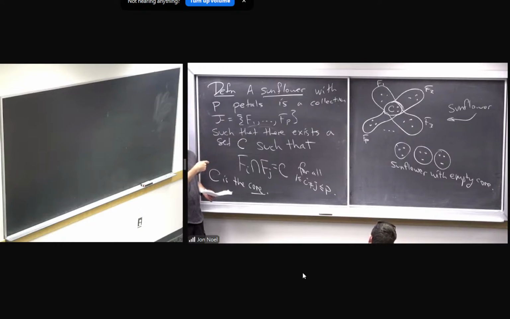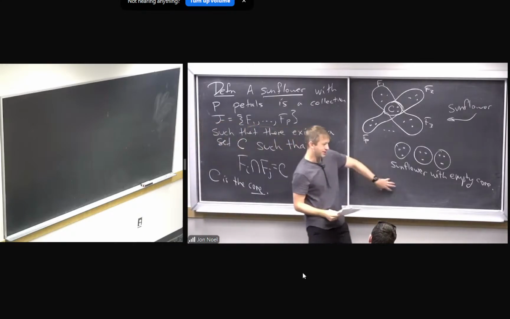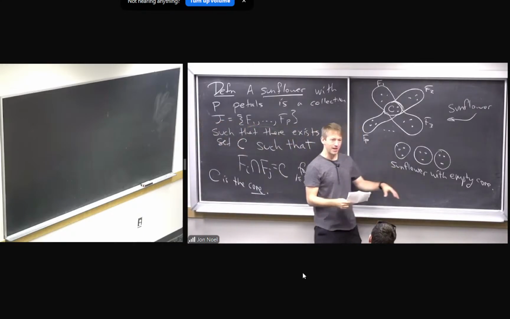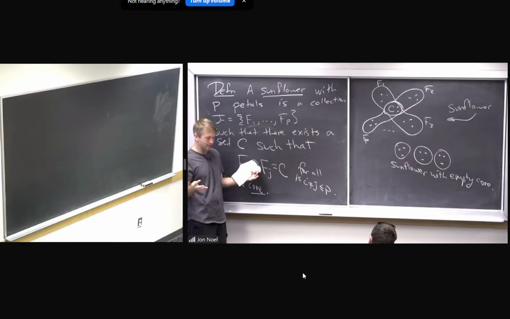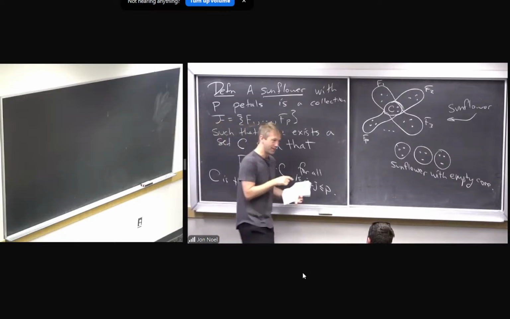I mean, of course, if you take a bunch of disjoint sets, you're going to find a sunflower. But now take lots and lots of sets of size k. Are you guaranteed at some point, if you take too many sets, that you're going to have a sunflower with p petals somewhere in that collection? And that's what we're going to prove.